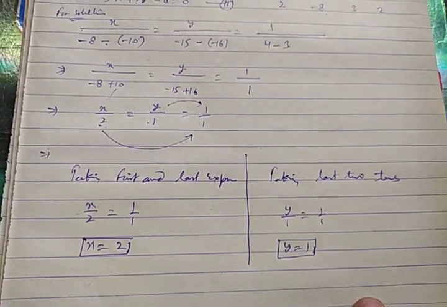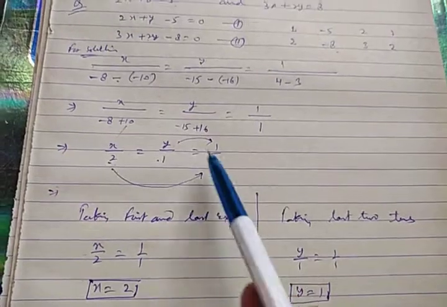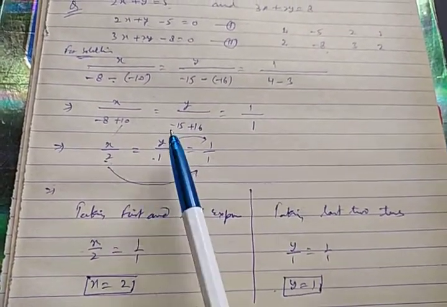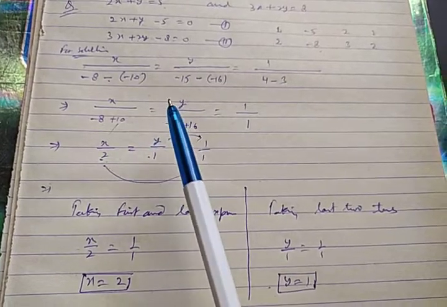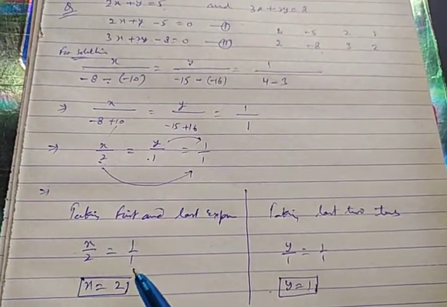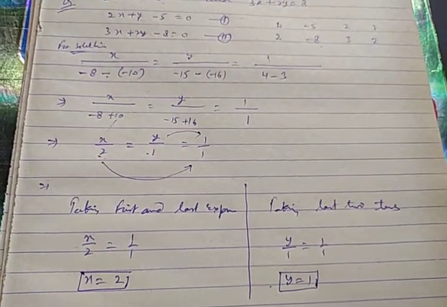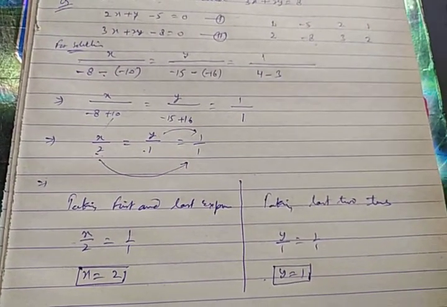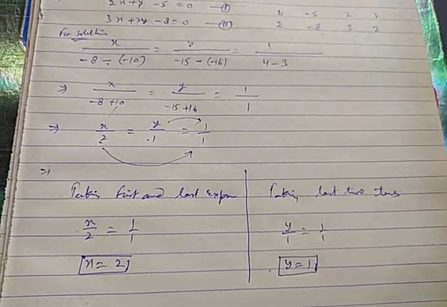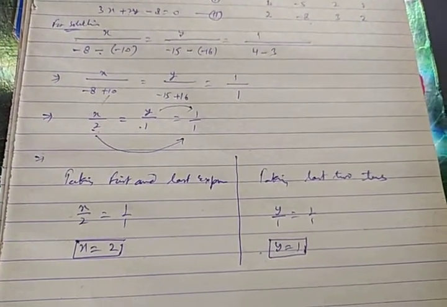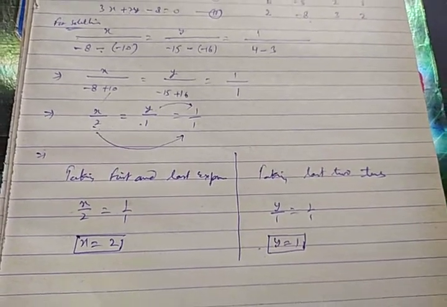You can take an equation, this equation I have solved here by cross multiplication. You can solve this equation by substitution and elimination method, then obtain the value. This you can do just for checking the correctness of the method, and you will get the same values each time for your satisfaction.